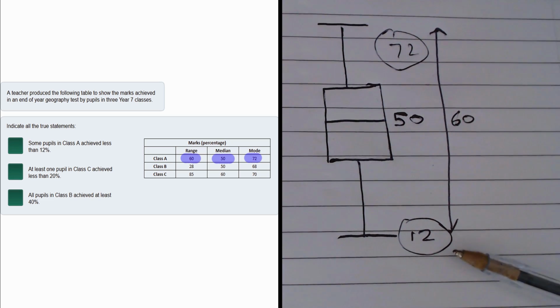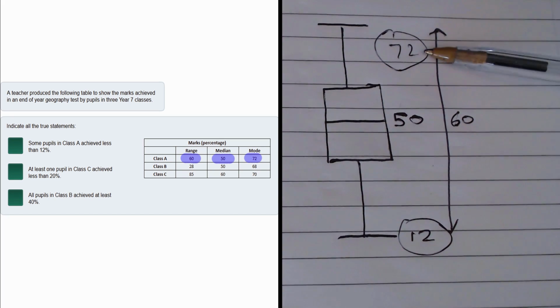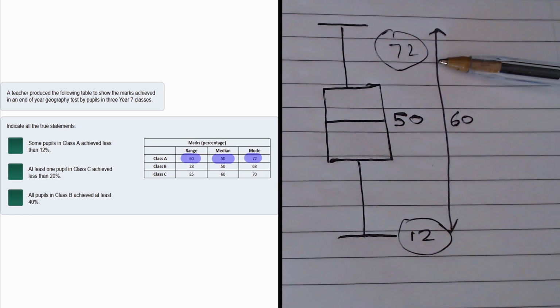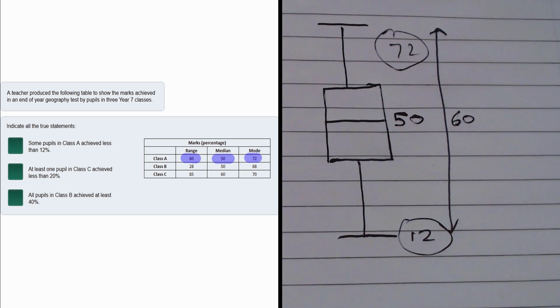Can it be smaller than 12? Well, no, it can't. Because for your lowest mark to be less than 12, that means your highest mark has to be less than 72, 71 or less. But we know someone got a mark of 72, so you can't have a highest mark of 71 or less. So this means that this statement here is false.